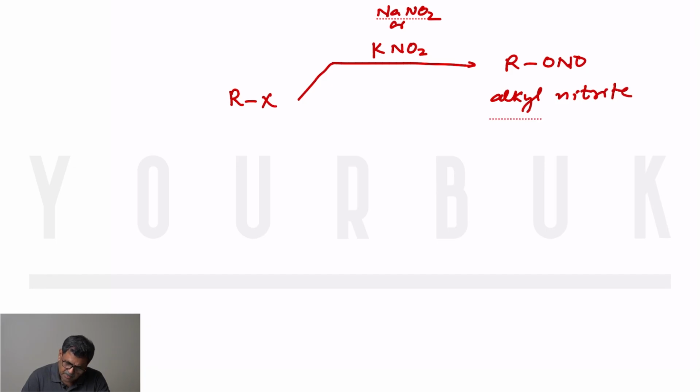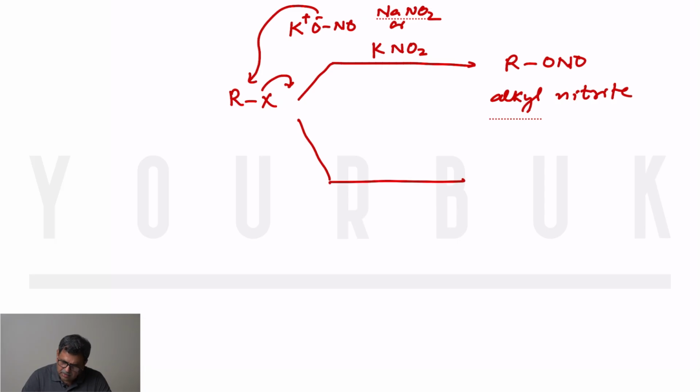But in this case, if you look at the structure of KNO2, it's ionic. The potassium-oxygen bond is ionic. So the oxygen is the nucleophilic center, and attacks the alkyl group of RX to form RONO. But if you react this compound with AgNO2, silver nitrite, it gives a nitroalkane. So this is called nitroalkane.